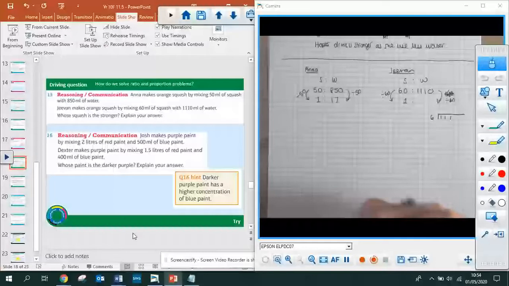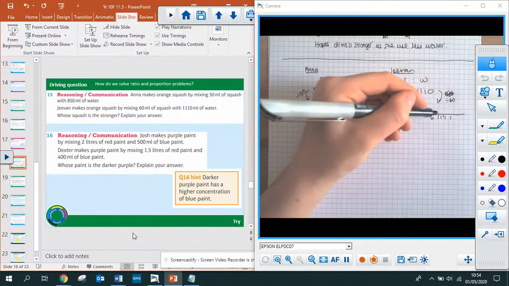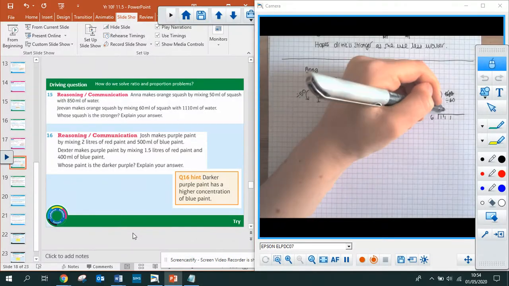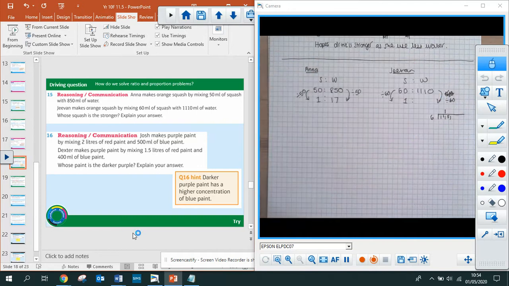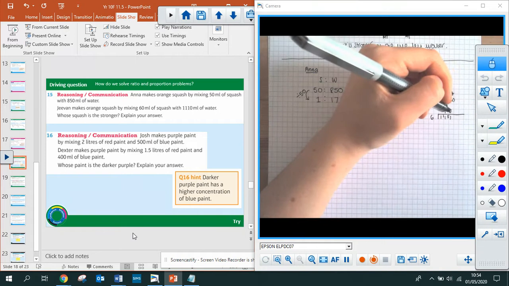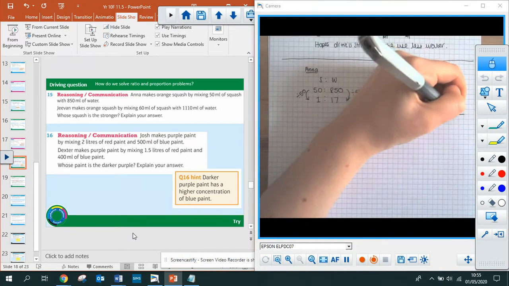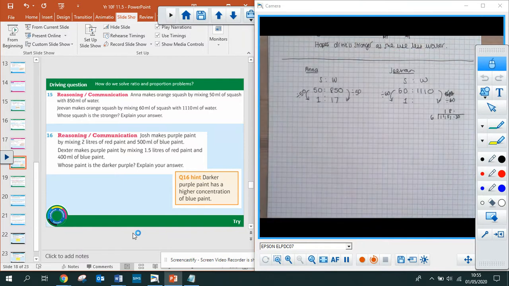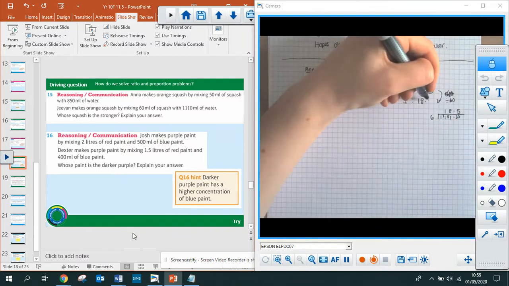Okay, 6 doesn't go into 1, so I carry that 1. 6 goes into 11 once, with 5 remaining. 6 goes into 51 8 times, with 3 remaining. We've got to the end of the number, so we need to put a decimal, and it had 3 remaining. That becomes 30. 6 goes into 30 5 times, so it's 18.5 there.